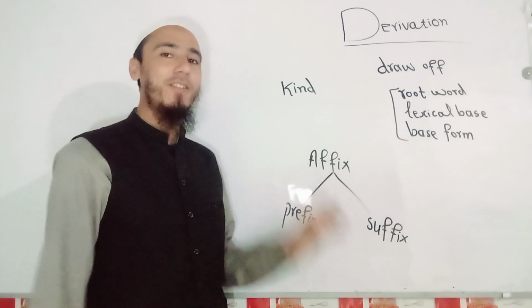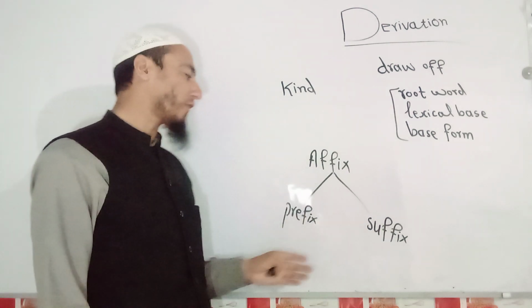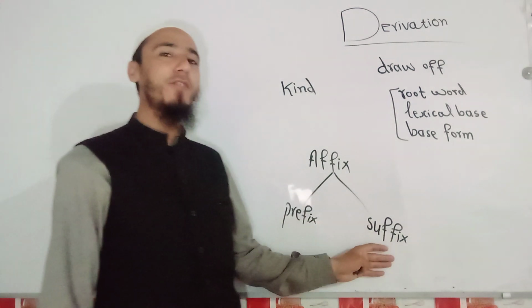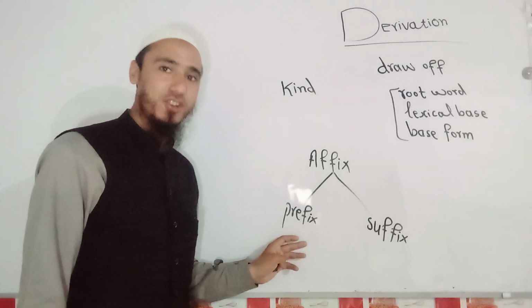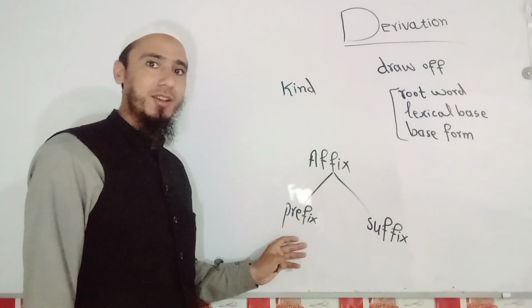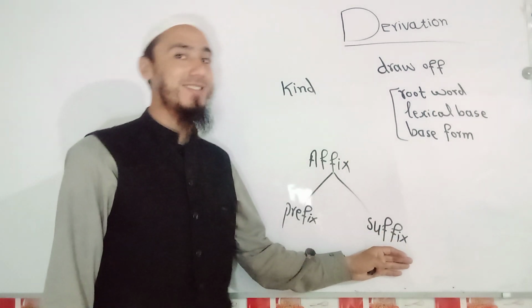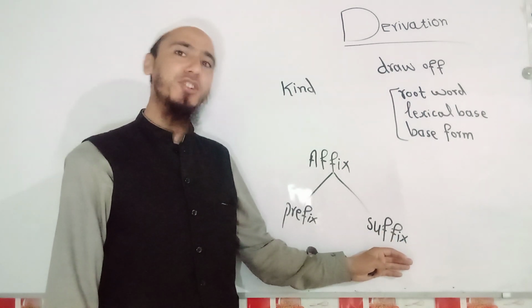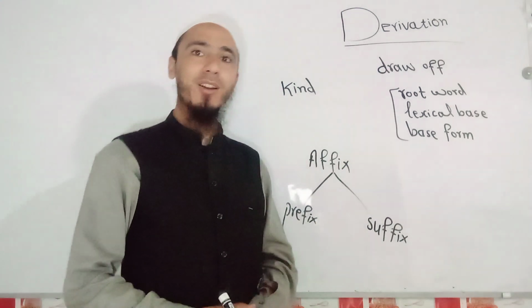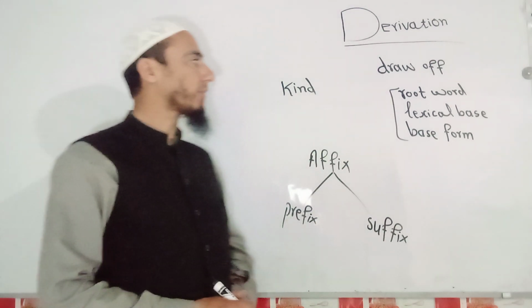So that is called affix. And there are two types of affix, prefix and suffix. Prefix is a letter or a group of letters which come at the beginning of a word. And suffix is a letter or a group of letters which come at the ending of a word.